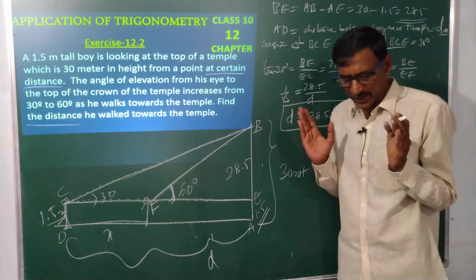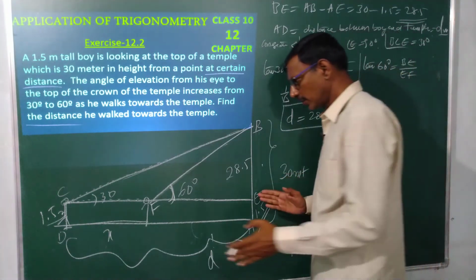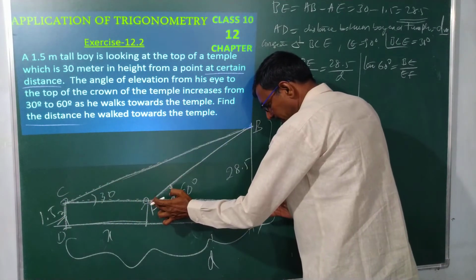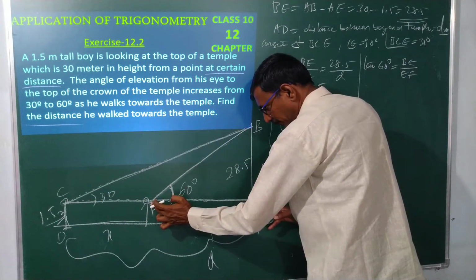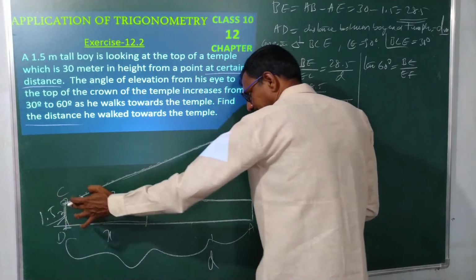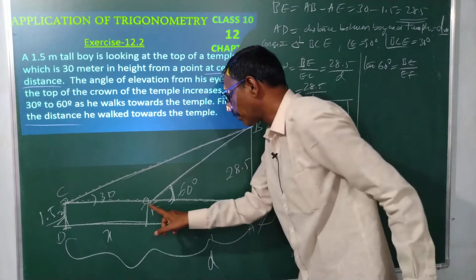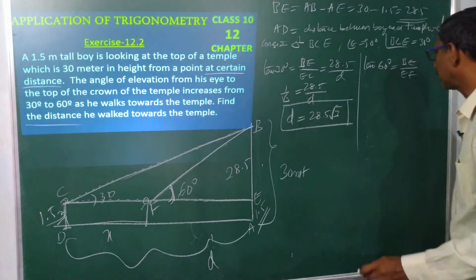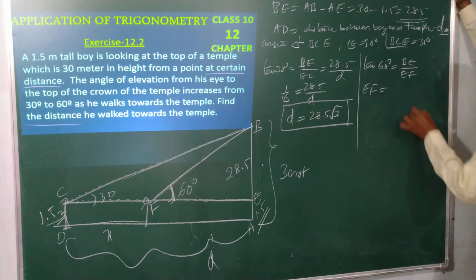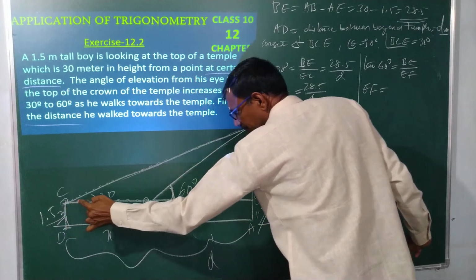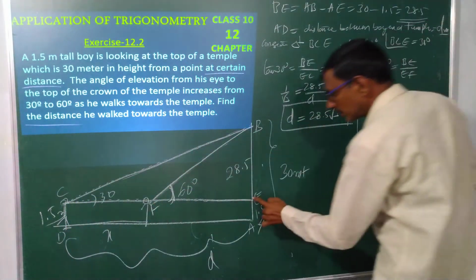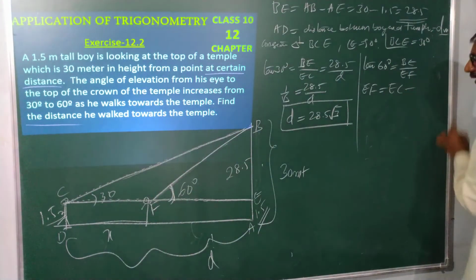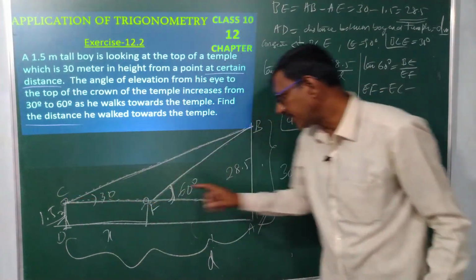But here is a very important point. The total distance is D, but I need this length, EF. EF is EC minus CF.